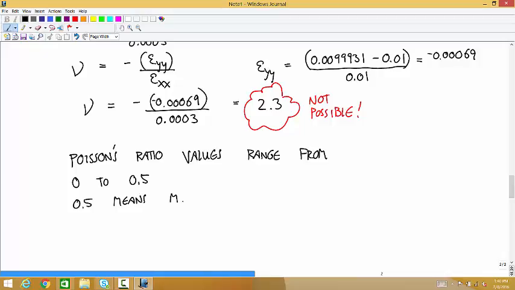That doesn't mean you can't change its shape. It just means that its volume stays the same under deformation.